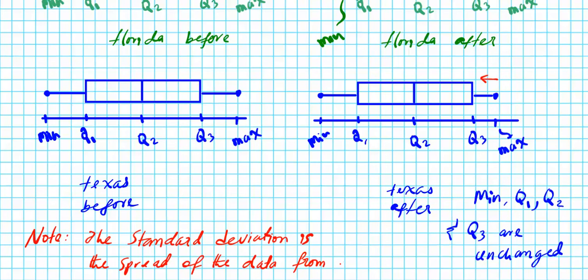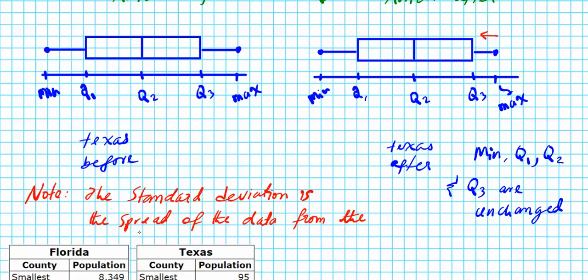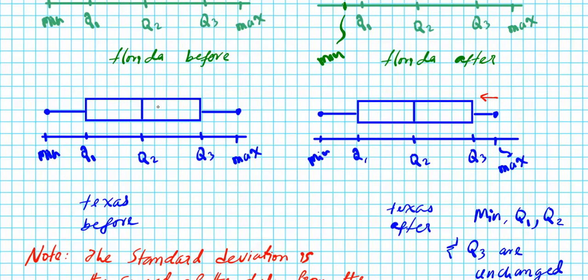So if you take a look at these two scenarios right here, this mean and then the max, and then this alteration, the deviation is how spread the data is from the mean.